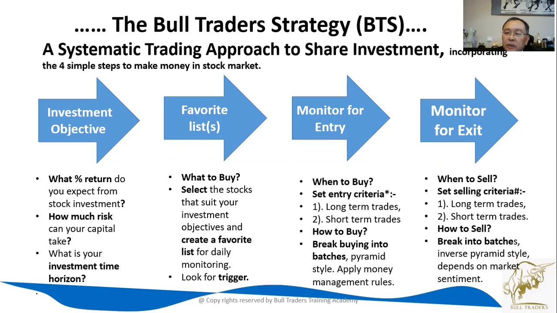Especially today, when the brokerage rate is so low, there's no reason for you to hold on to stocks that are plummeting. You can always buy back the stocks when they stabilize. There's no need to be too loyal to the stocks. Our objective is to make money anyway.